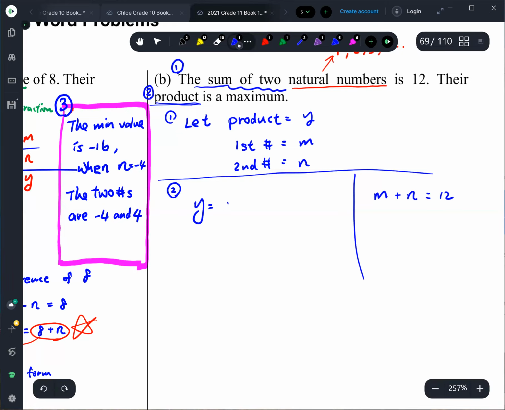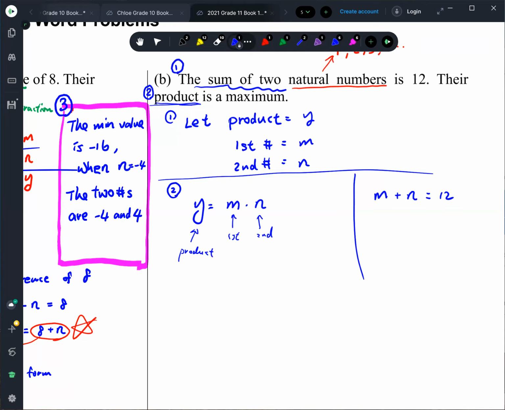M times N. Yeah, the two numbers, their product. Product is the first number times the second number, right? We're basically just translating the sentence. Got it? Okay.